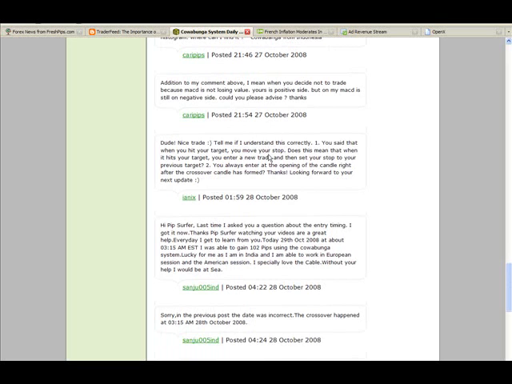INX, tell me if I understand this correctly. You said that when you hit your target, you move your stop, you enter a new trade, and then set your stop to a previous target. No, basically, INX, you're asking what I do when my targets hit. I don't put take profits, but I'll just adjust my stop and move it to wherever my new stop is going to be.